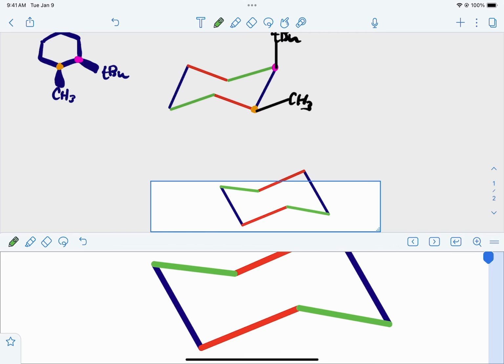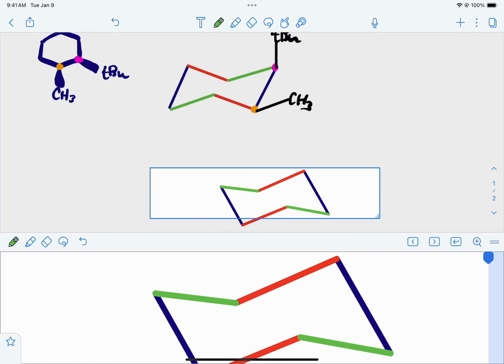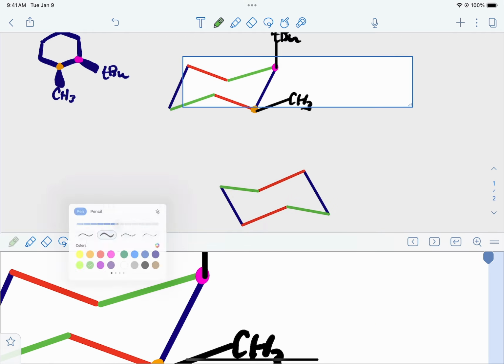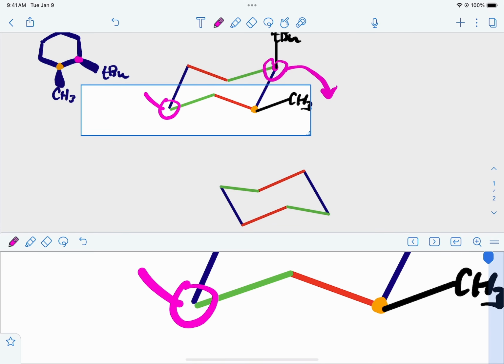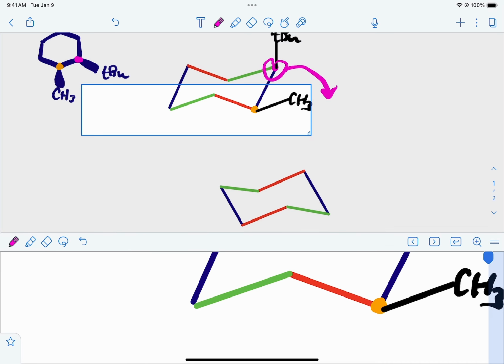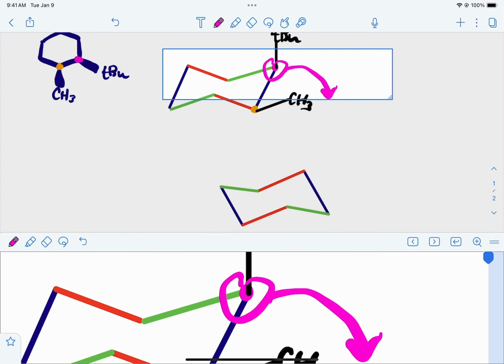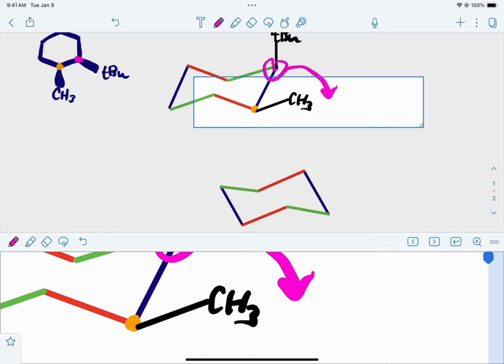All right, so where did our carbons kind of move to? Well, remember, we always are going to pull this carbon down, and we're always going to pull this carbon up. Okay, this carbon is irrelevant in the chair because it doesn't have any bulky groups on it, so we can kind of ignore it. But that just means that this pink carbon ends up down here.